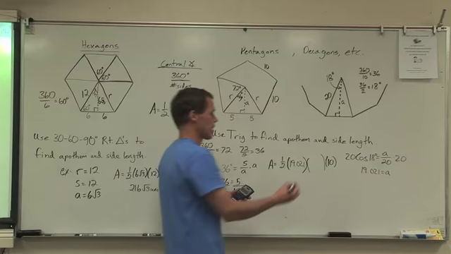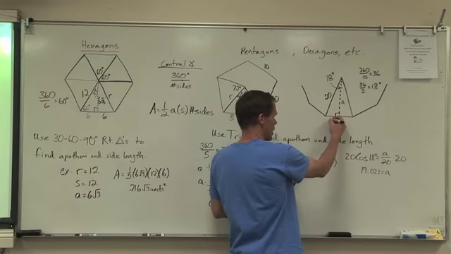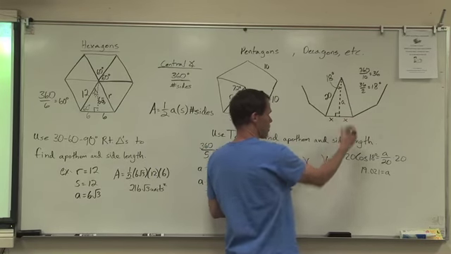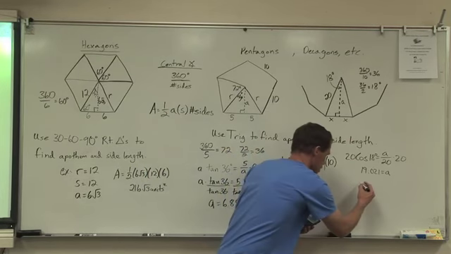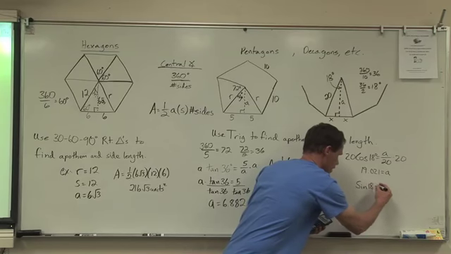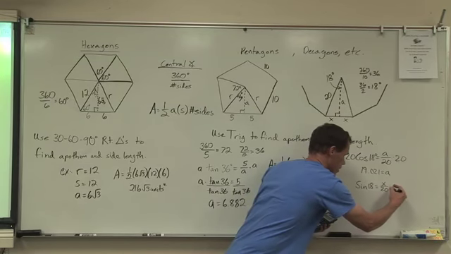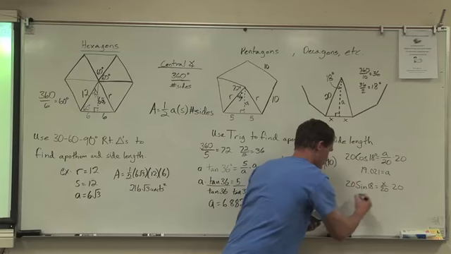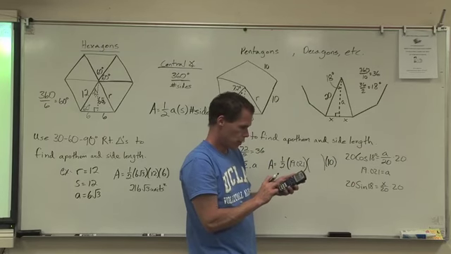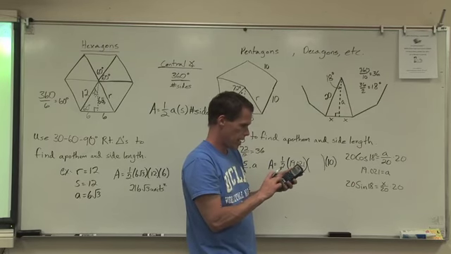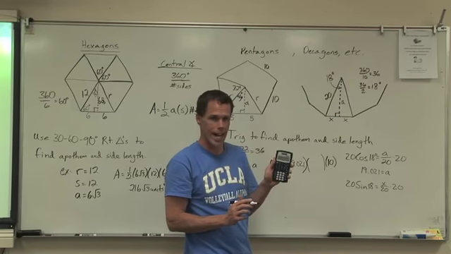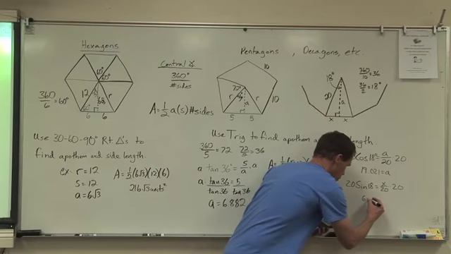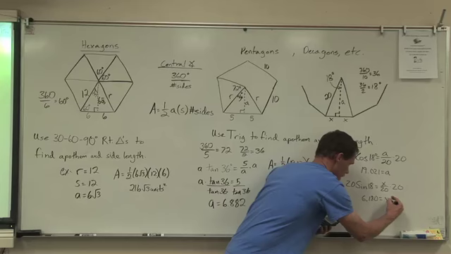To find the side length, though, I'm going to try to find x, and then I'm going to multiply x by 2. I can use trig to find x. Sine of 18 equals x over 20. Multiply by 20 on both sides, and I have 20 sine 18 equals 6.180. 6.180 equals x.